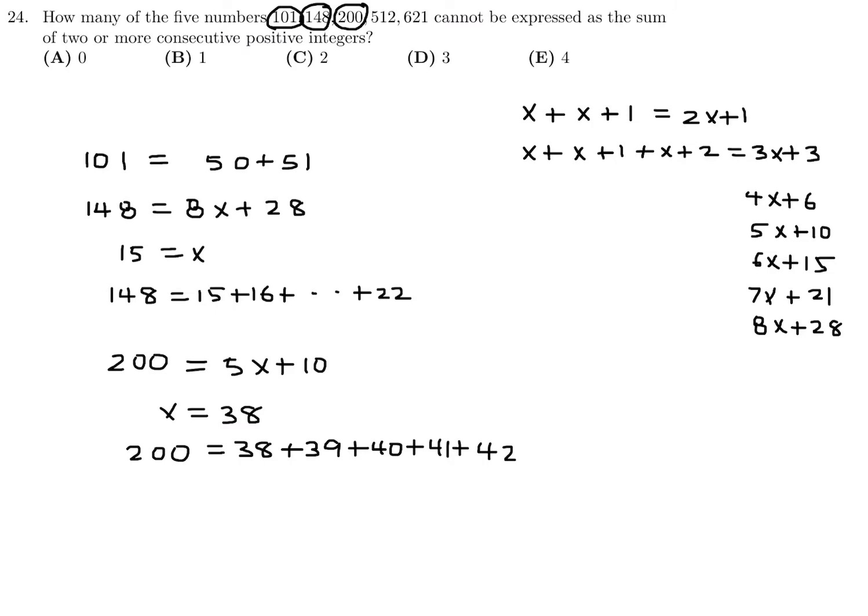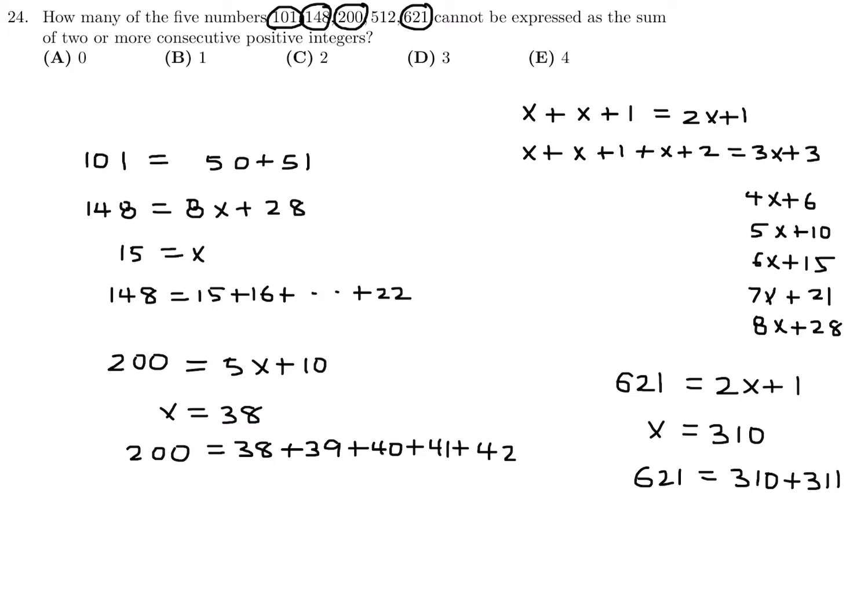Let's try 621. So I'm going to skip over 512 for a little bit. 621, again, when you fiddle around very quickly, the good news is you figure out that you get a solution for just 2x plus 1. X is 310. So 621 is very easily written as the sum of just 2 consecutive numbers, 310 plus 311.